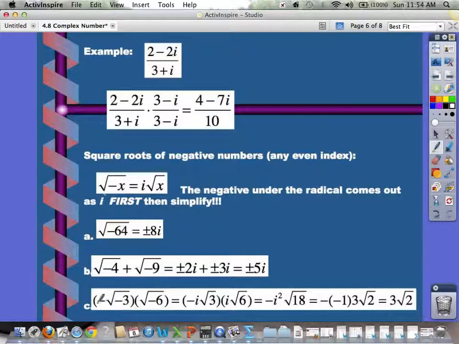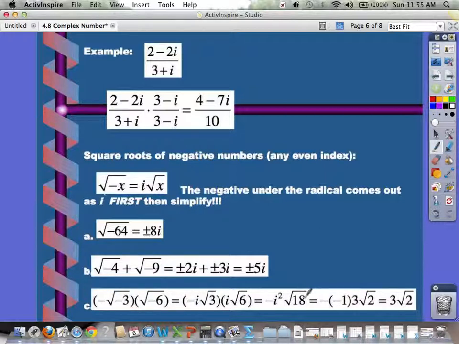All right? When you're multiplying the negative square root of negative 3, that negative under the radical comes out first. So that would be a negative i square root of 3. This negative square root of 6, that negative under the radical comes out first. So that'll be i square root of 6. And then you simplify, okay? Outsides times outsides make a negative i squared. 3 times 6 makes 18.